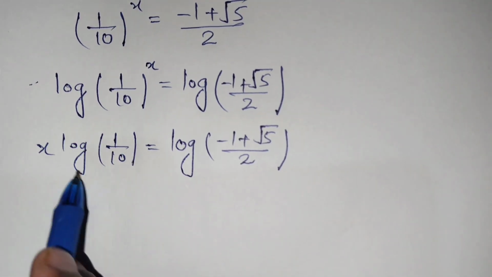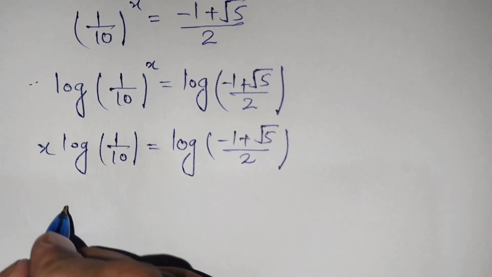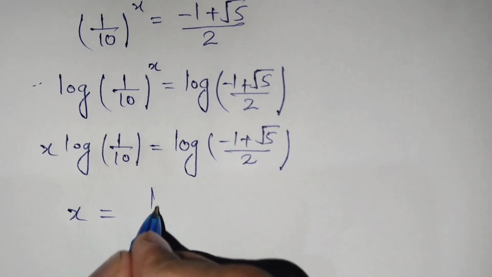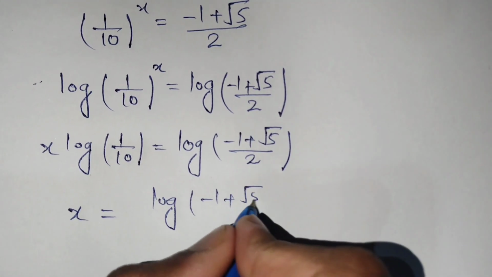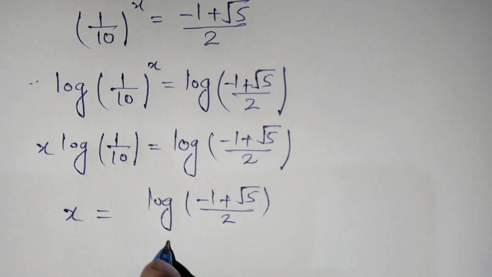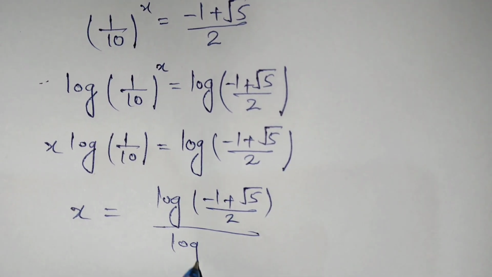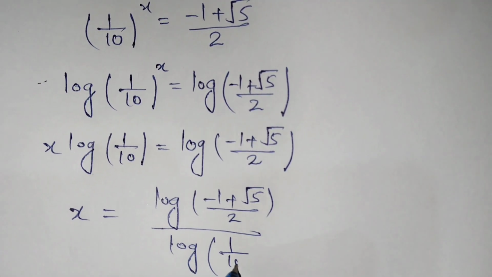Divide this whole term on both sides. We get x equals log of that term divided by log of 1 over 10.